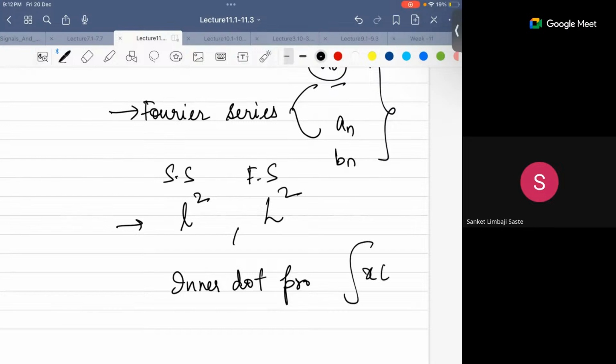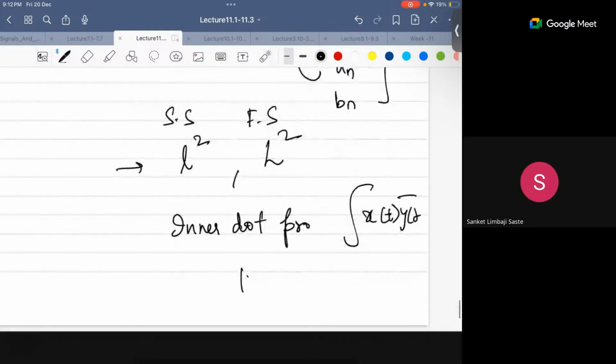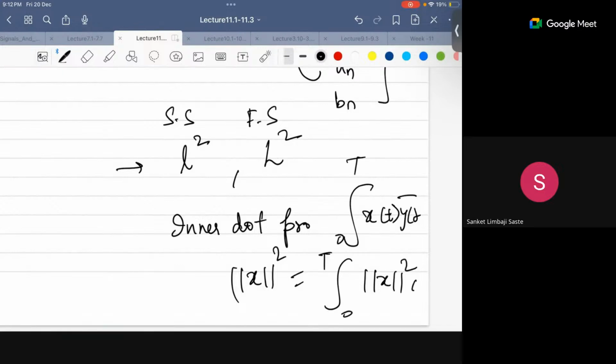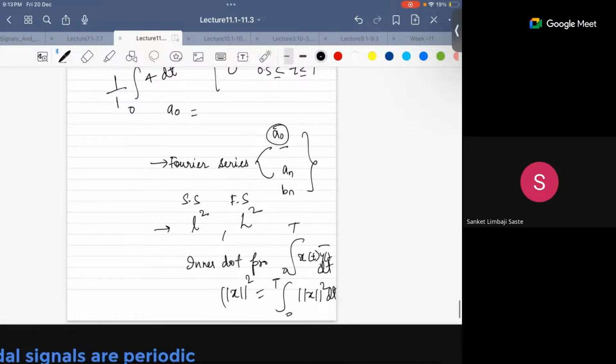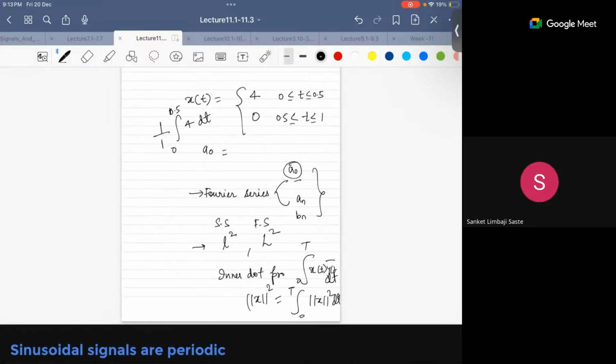You should know the formula for xt yt conjugate, or to calculate the norm squared, that is the whole square integral from 0 to 1 of x(t) dt. Clear? Yes, sir. These five or six concepts we should know. If you know these, you will be able to solve all the questions from this week. You won't face any problem in this week.